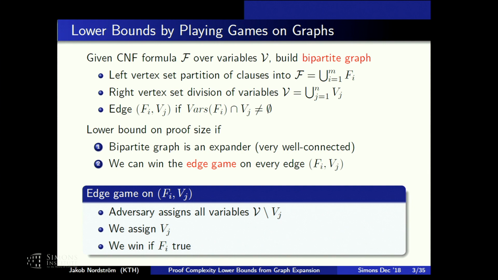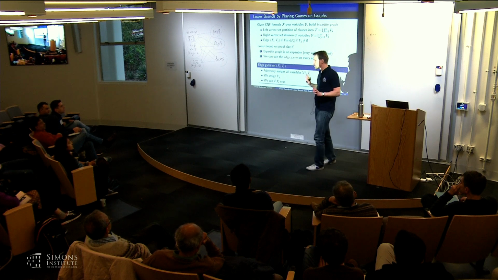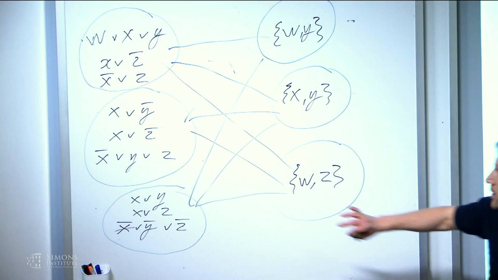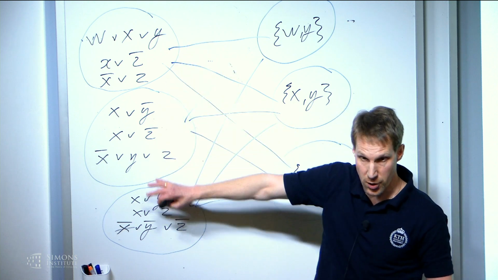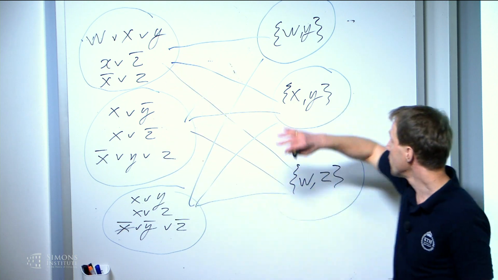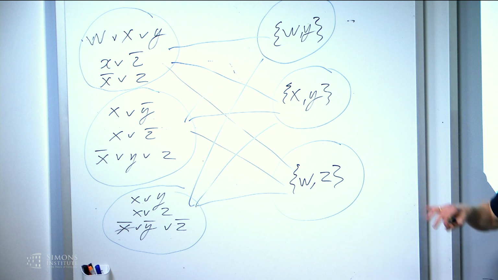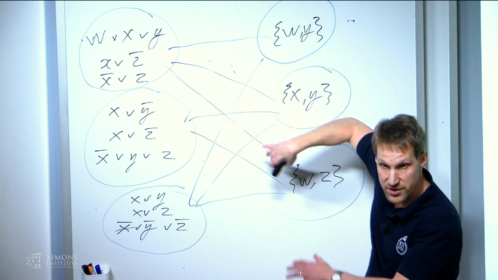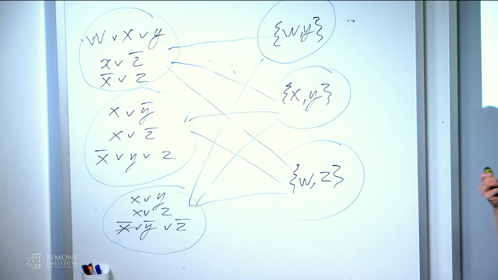Yes? So are you saying that if there exists right-hand vertices such that this is an expander and you can win the game? Good point, thanks. So we're going to look at the graph, and we're going to look at the CNF formula. We are free to build the vertices as we like. We're free to partition the variables as we like. Once we've decided on these vertices, the graph sort of gives itself, and now we need expansion, and we need to be able to win the game.